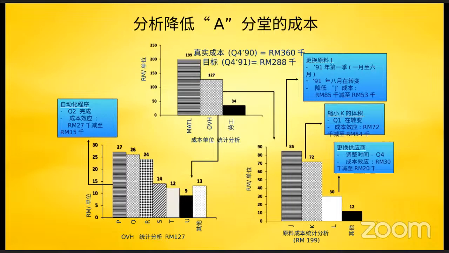So you look at a bar chart like this. Okay, so material is the biggest contributor. Then the overhead. The overhead is the second. So you focus on these two, you will achieve greater cost reduction.